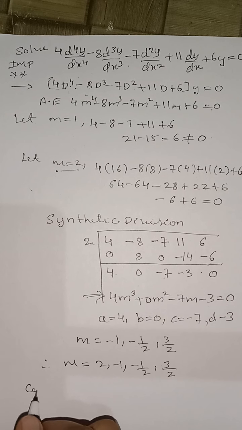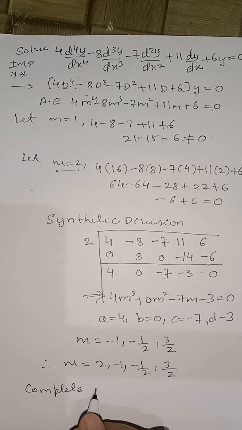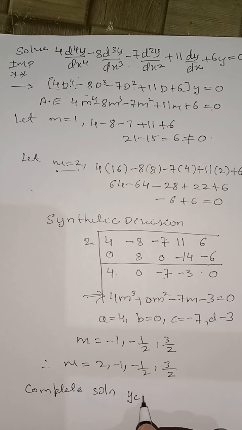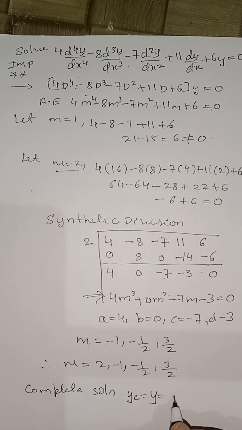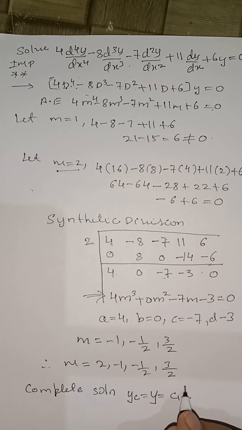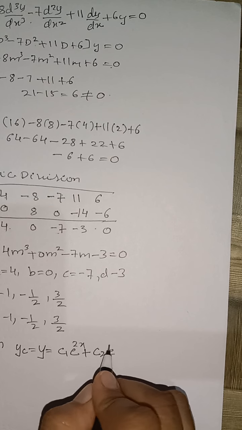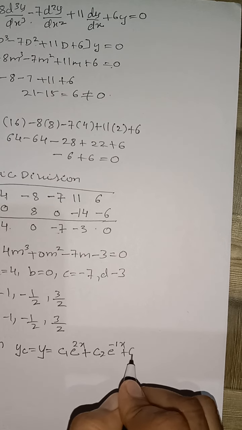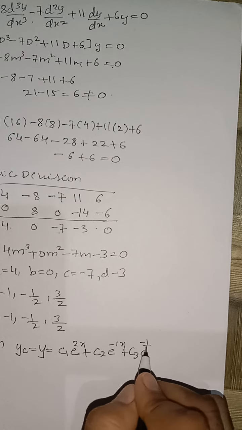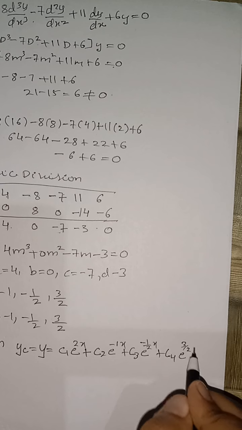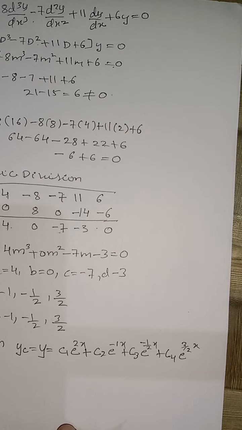So how will the complete solution be given? The complete solution is given by the complementary function yc, or y equals c1 e raised to 2x plus c2 e raised to minus 1 into x plus c3 into e raised to minus 1 by 2 into x plus c4 into e raised to 3 by 2 into x. This is the required solution. I hope synthetic division is clear.